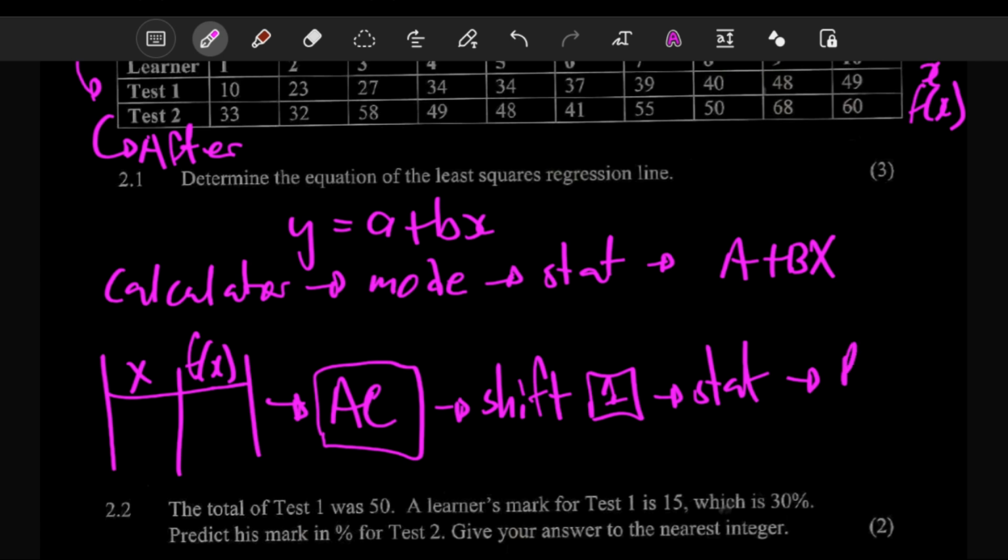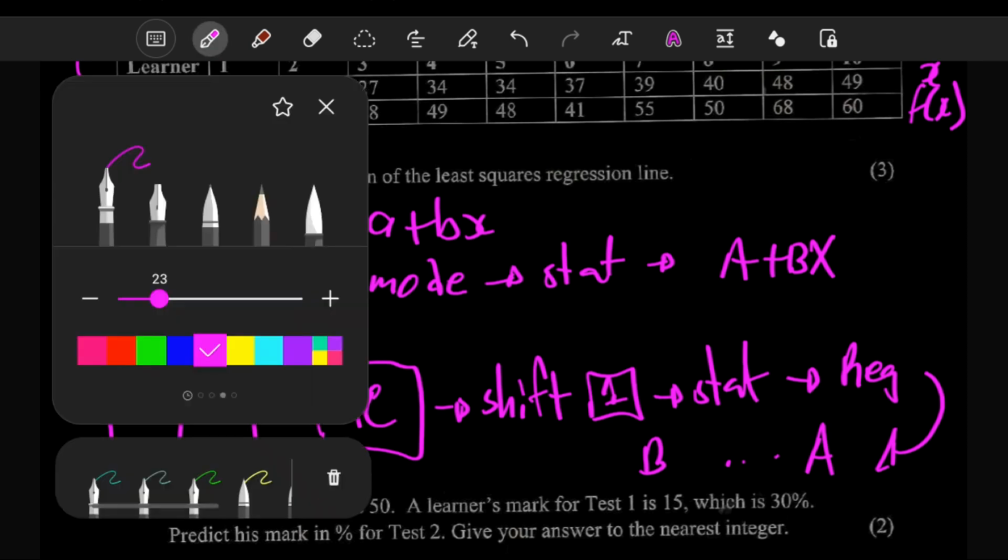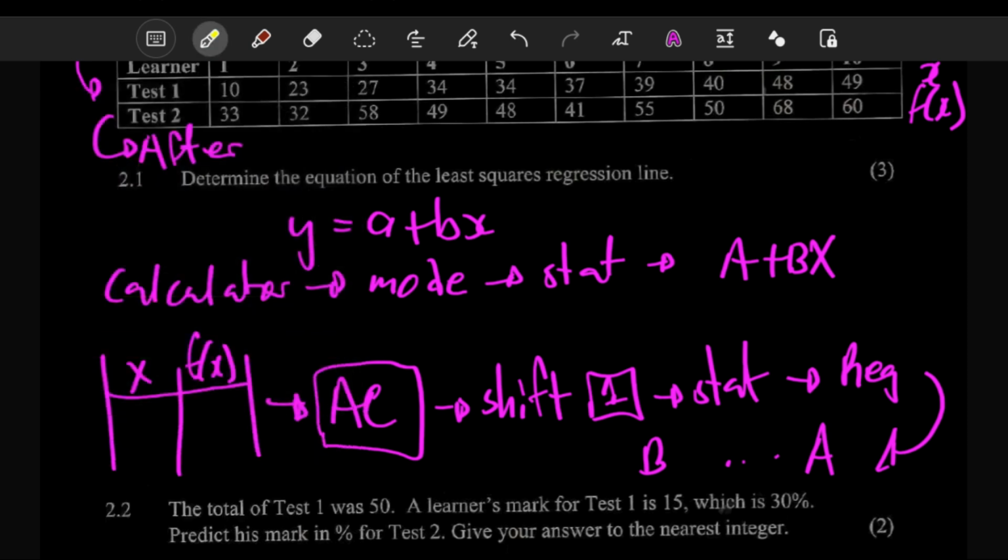After choosing the option that says reg, you're going to choose A, and later on you're going to choose B.